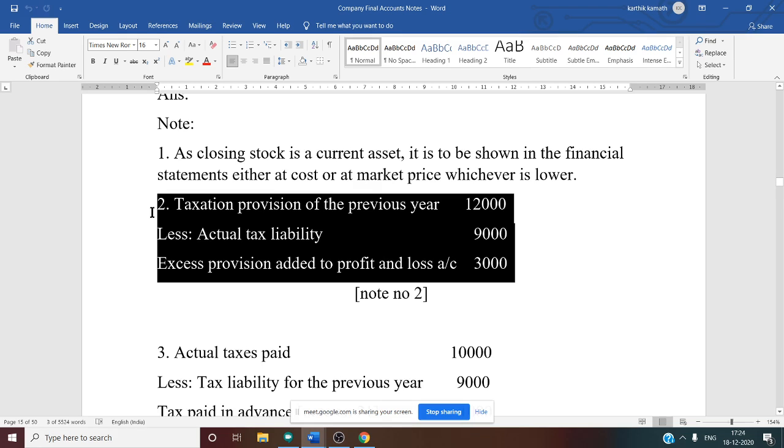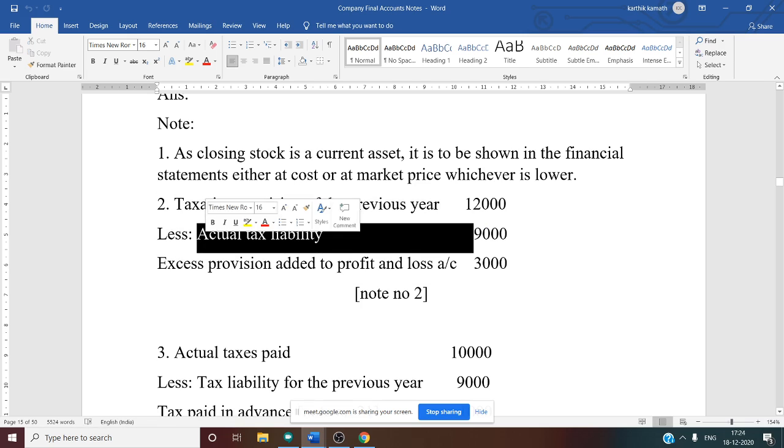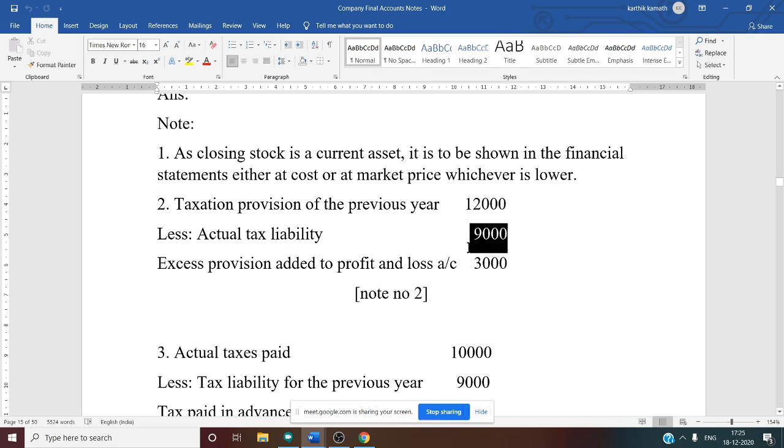See this one, taxation provision for the previous year. That means to meet the tax expenses, certain amount kept aside for the previous year, that is given in the trial balance, is 12,000. That is already mentioned in the trial balance. But actual tax liability, this is given in the adjustment for the year, that is 9,000. So you see now tax liability is 9,000 and your provision is 12,000.